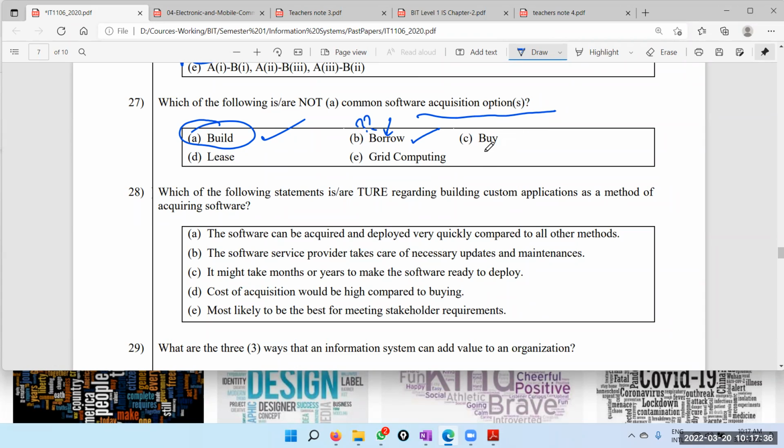Buy. Now this is a very debatable answer. Buy means you get the total ownership of the software. That can happen. Maybe a software company has developed it. They give the total ownership to you. Now they have no ownership of the code or anything. You can do whatever you want, or you can resell, or you can give license to others, etc. But theoretically possible.